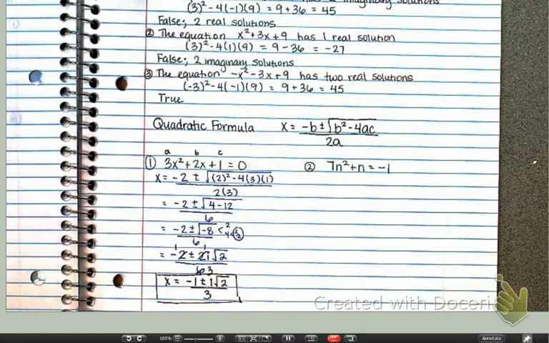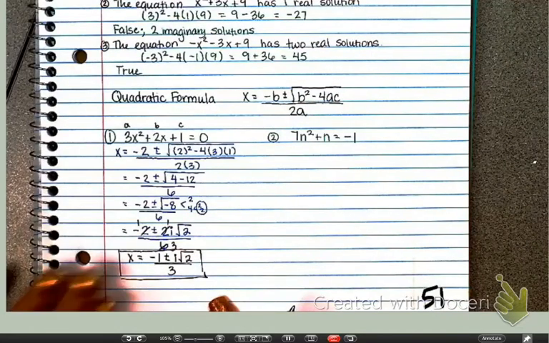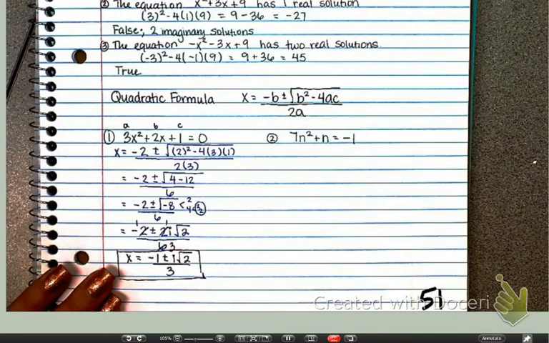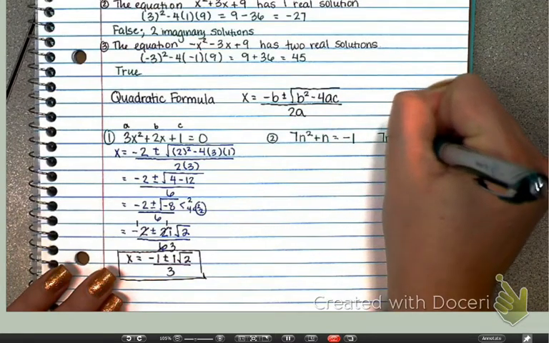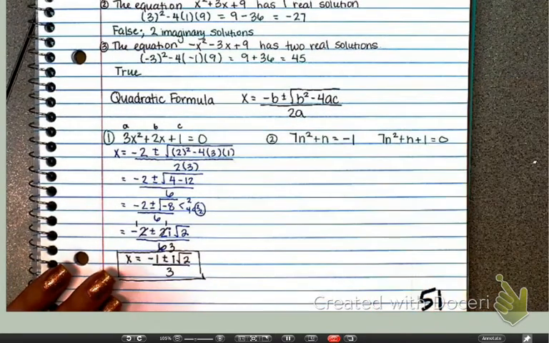I'm going to let you work on that with your group. Did you write it in standard form before you started? So you added 1 to both sides? Okay, so 7n squared plus n plus 1 equals 0. That's step 1. It has to be in standard form.